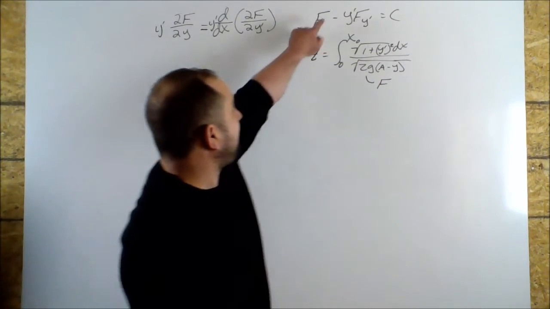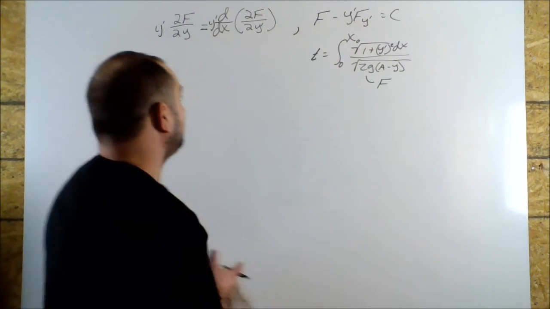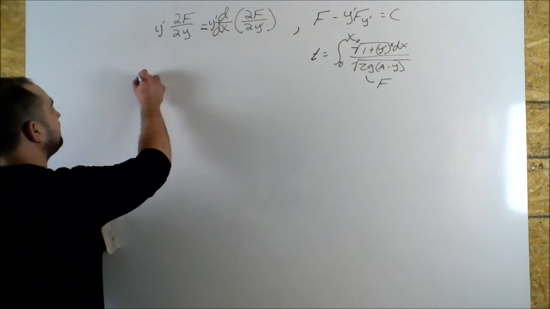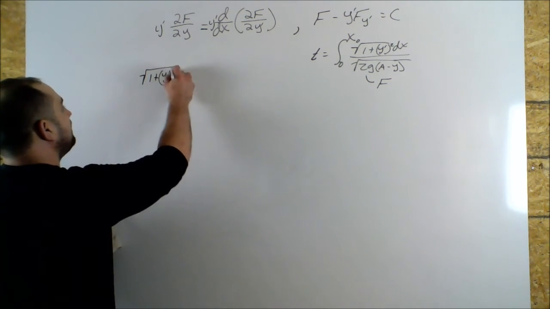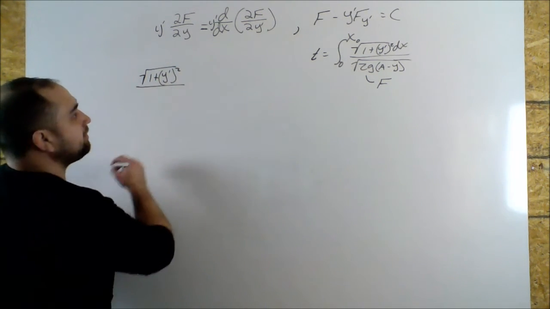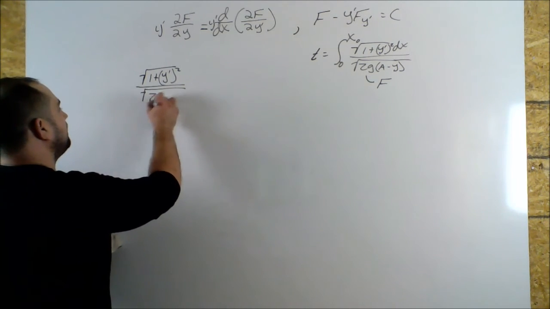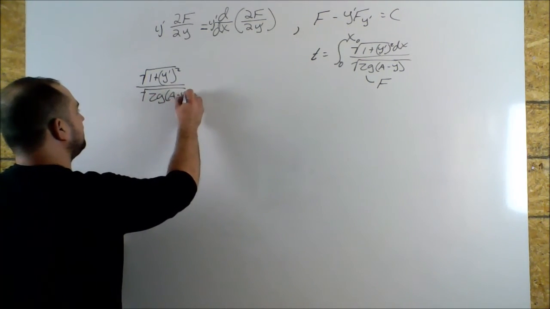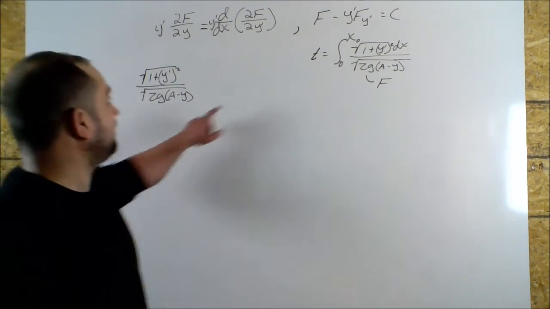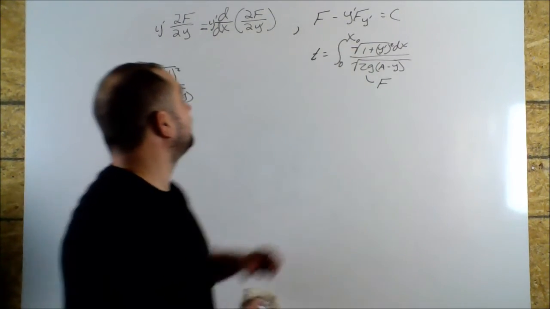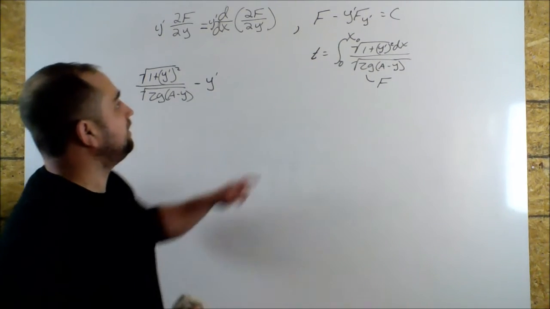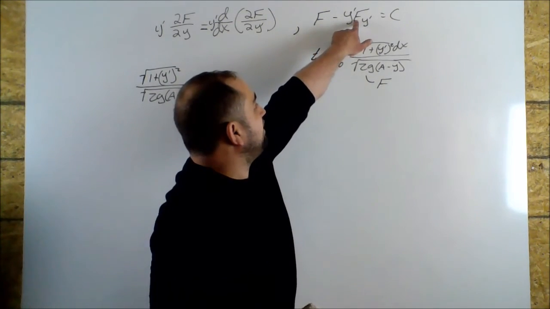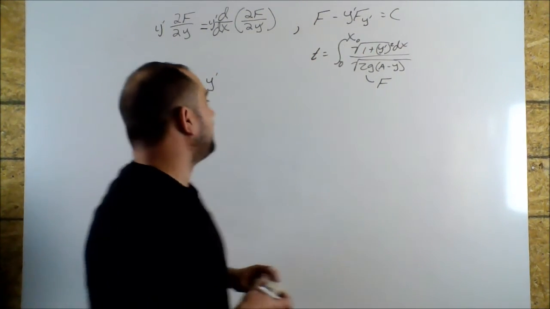And so I can apply the Beltrami identity. And so I would simply get that the square root of 1 plus y prime squared over the square root of 2g times a minus y, that's f, minus y prime times the derivative of f with respect to y prime.